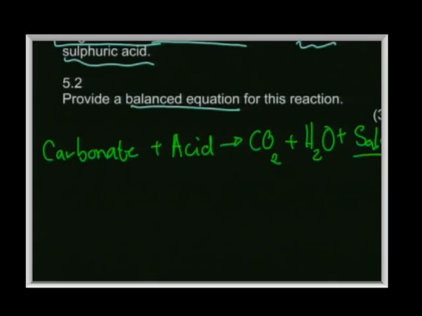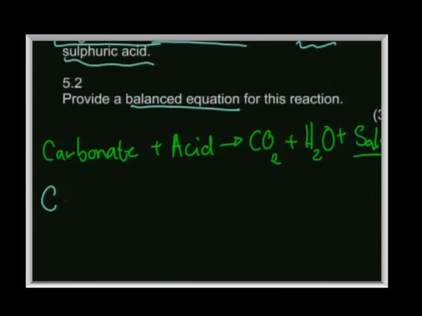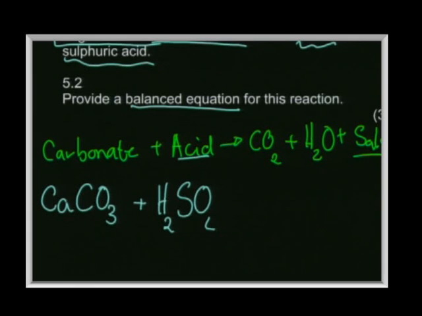Now this salt will depend on whatever compound I had and also the type of acid that I had. Now they told us over here that we started off with calcium carbonate. Calcium carbonate is CaCO3, and it reacted with the acid over here, which was sulfuric acid, which is H2SO4.